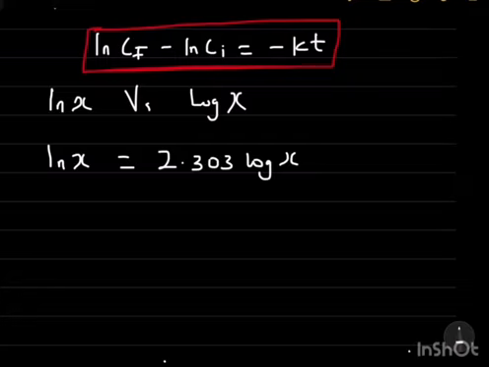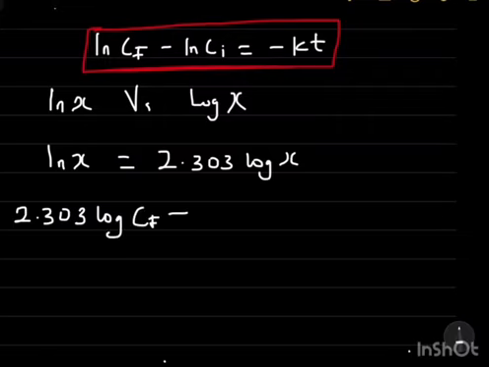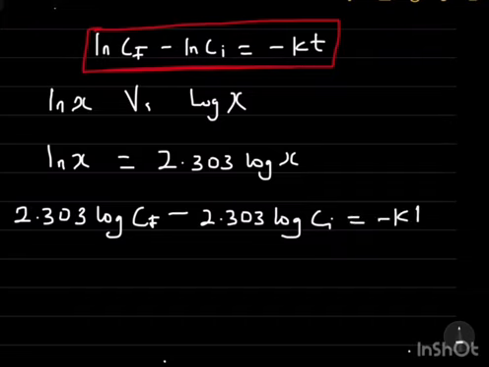So we have 2.303 log C final minus 2.303 log C initial equals minus kt.